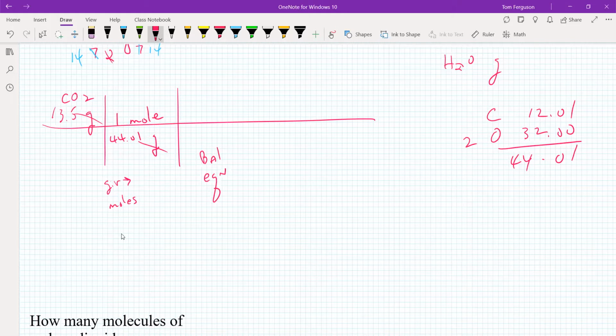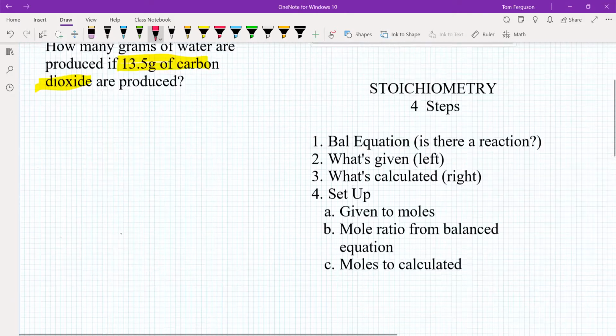If you don't balance the equation correctly, this middle step is going to be off, hence your answer is going to be off as well. So we need to have the carbon dioxide cancel, which means it goes on the bottom, and we're trying to calculate the water. And what are those coefficients or molar ratios from the balanced equation?